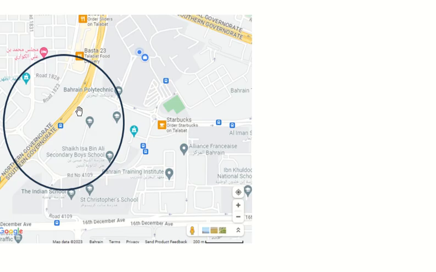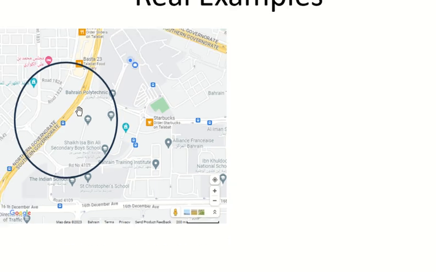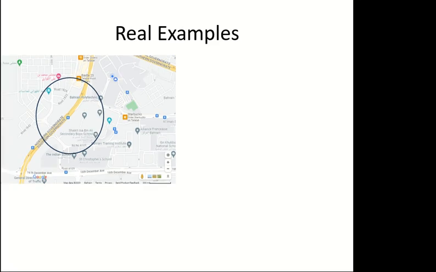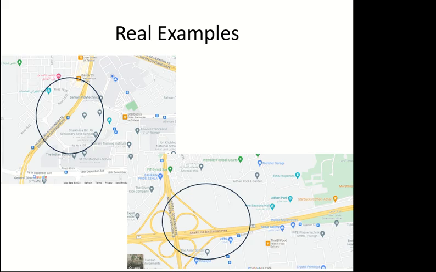But when you take the exit towards Isa Town, on the bridge, when you have already taken the exit, you will see these two ramps with an auxiliary lane and so on. So this is a real example of a weaving segment in Bahrain. I'm talking about this side which is going towards Isa Town.